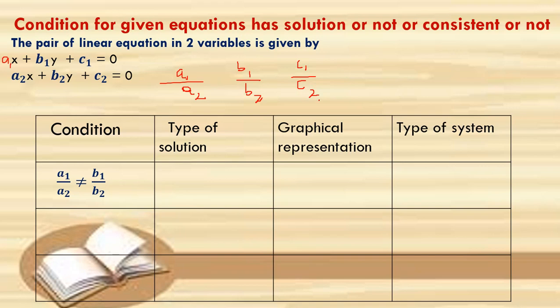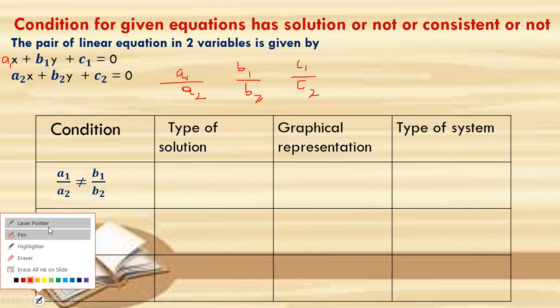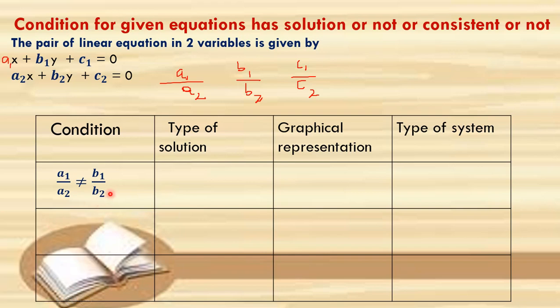By these ratios, we can easily understand whether the equations are consistent or not. When a1 upon a2 is not equal to b1 upon b2, that is, when the ratios of the coefficients are not equal, then we can say that the equations have a unique solution.